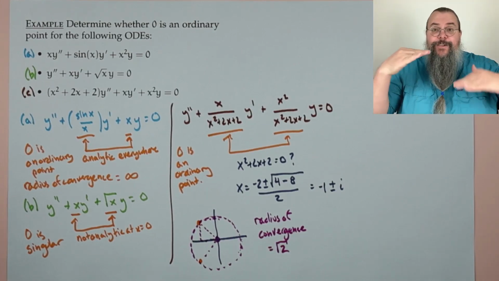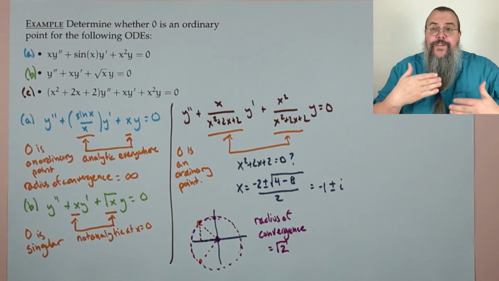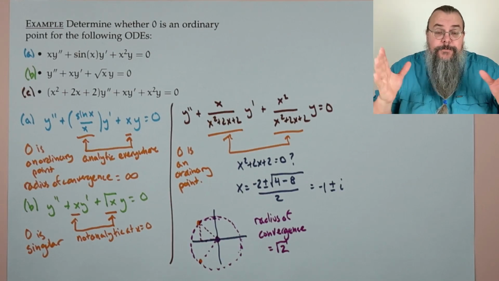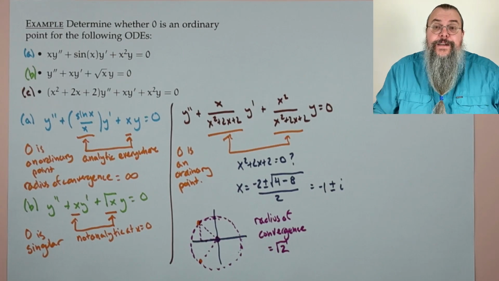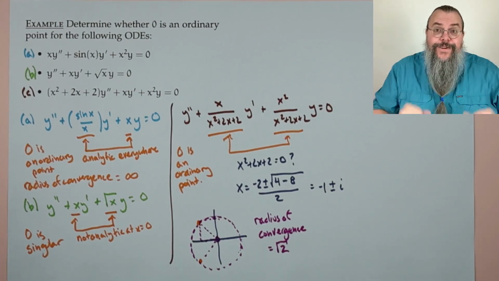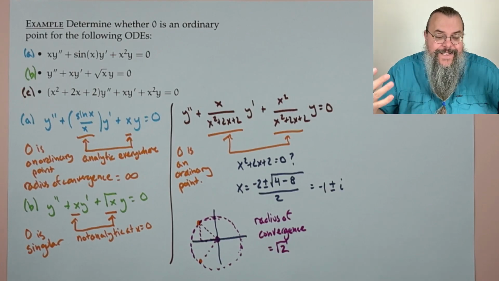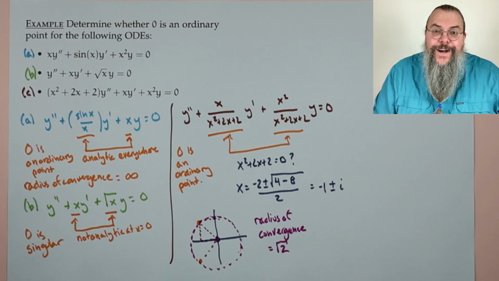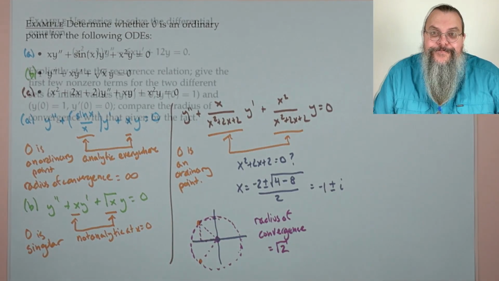We didn't have to figure out the coefficients. We didn't have to say, okay, what's the ratio of the coefficients? It was just like, where do things break down? And however far it is to the breakdown, that's our radius. That makes things so much nicer. Isn't it great? I like it when things are nice.